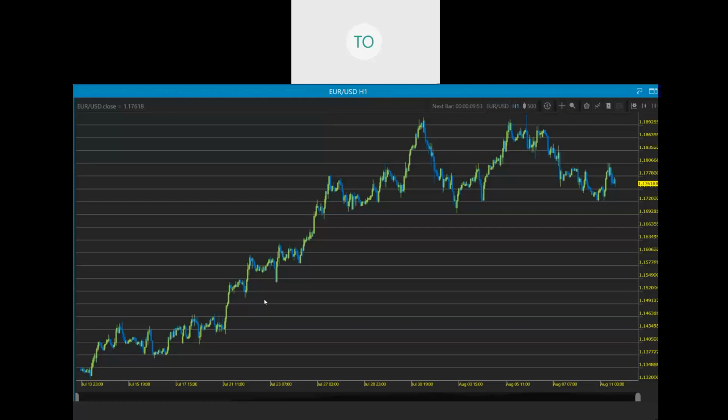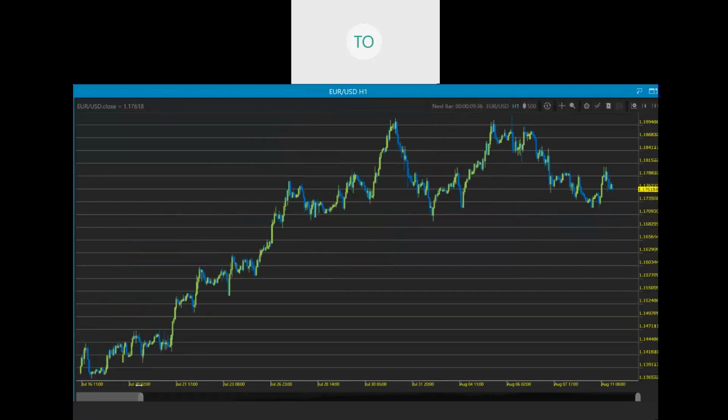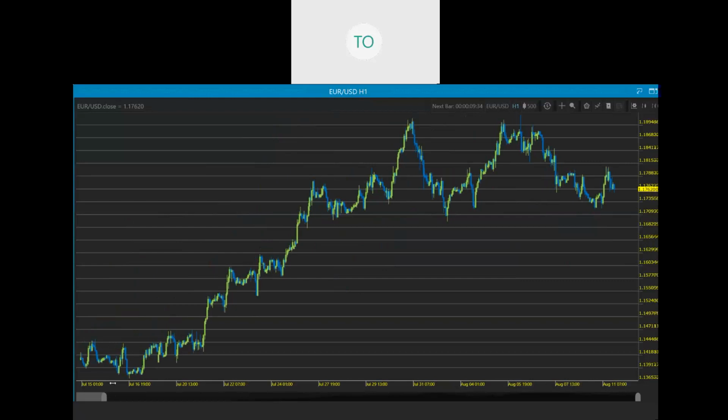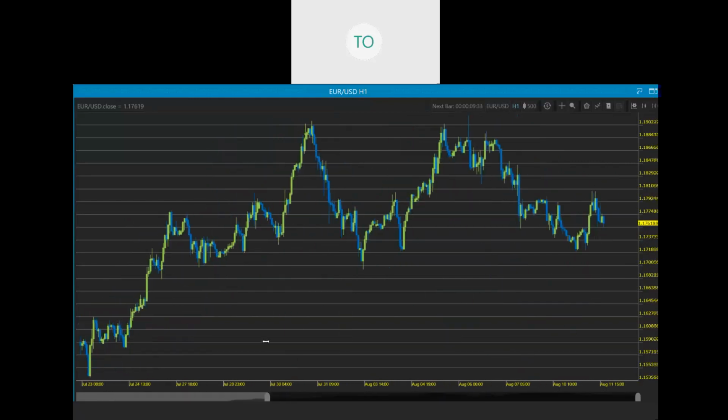The 1 hour suggests that actually it's going up. It's consolidating somewhere in the middle here, and eventually it might continue going up. So the market structure, or how it looks, depends on the time frame you are using.